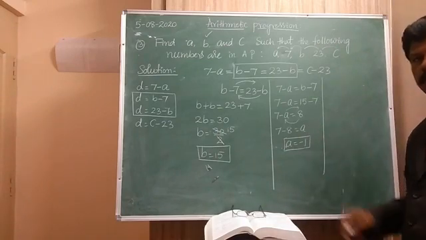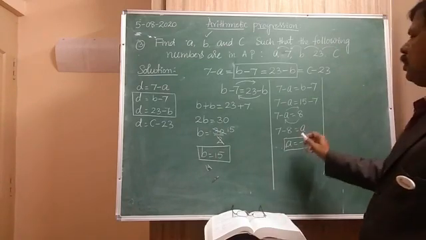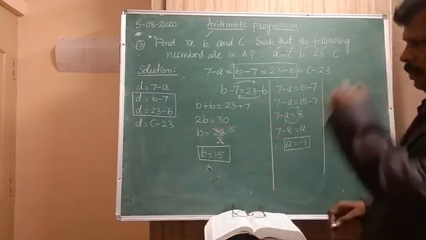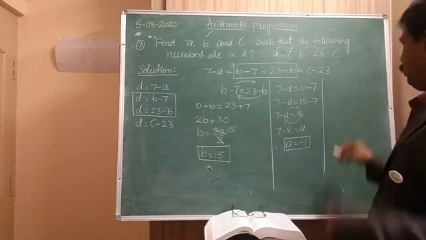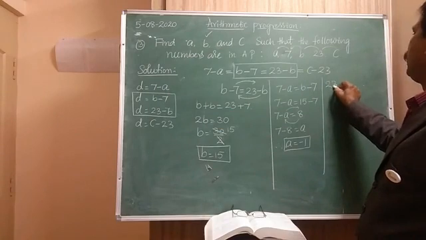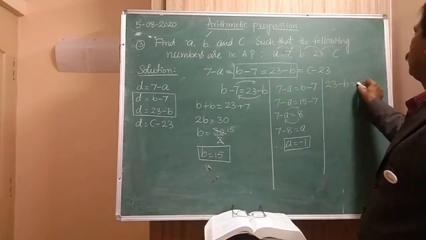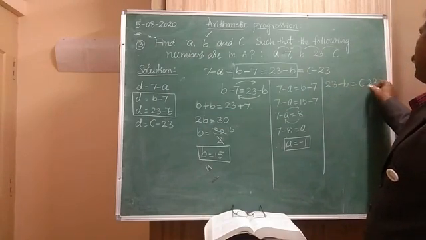Clear? Understood? Now, here you can take this one. 23 minus B is equal to C minus 23.